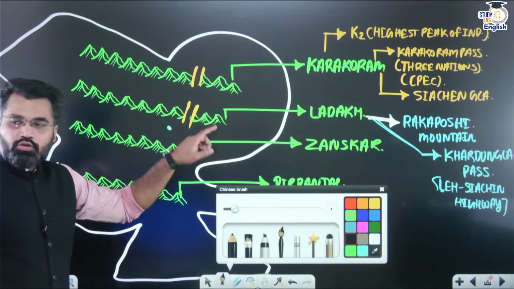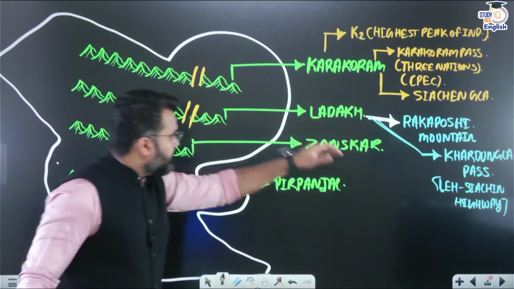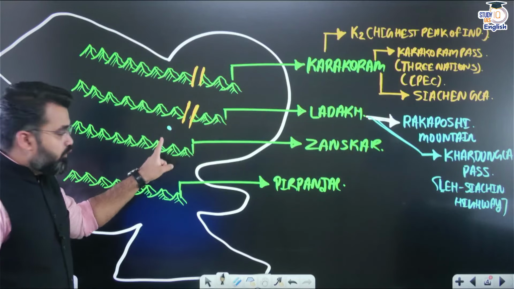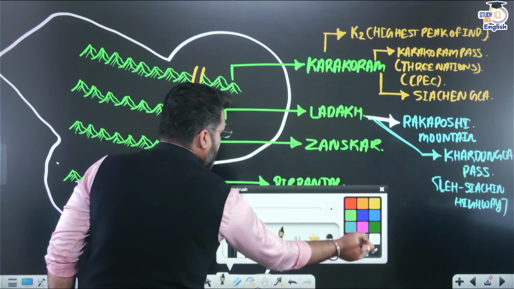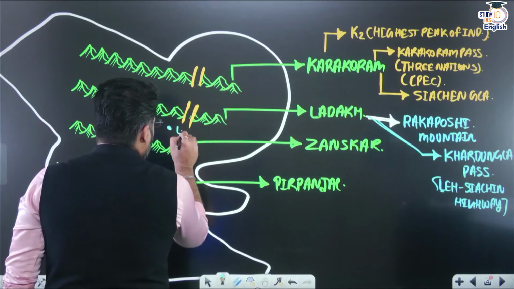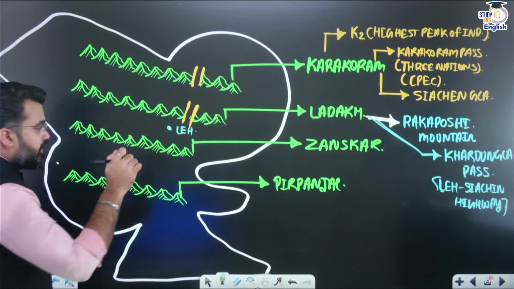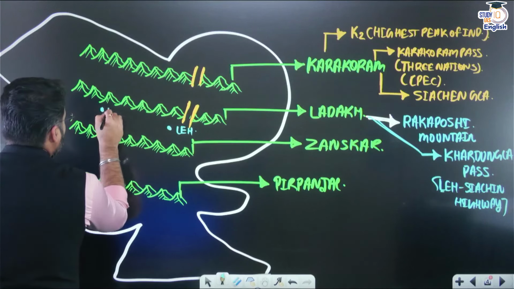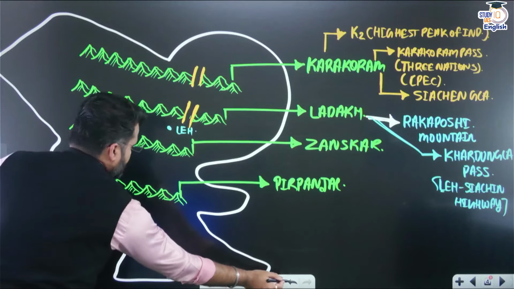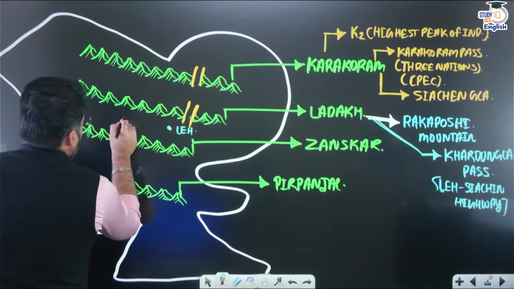Now make sure that between Ladakh and Zaskar, you will find the capital of Ladakh, which is called Leh. Then after that you will find Kargil. Not exactly here, it is actually here.